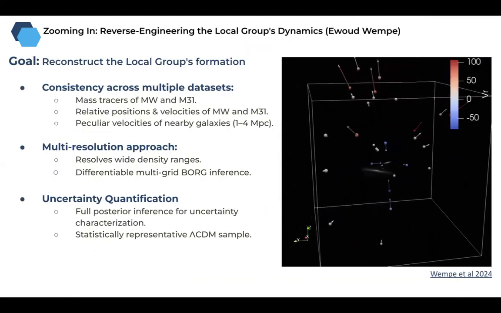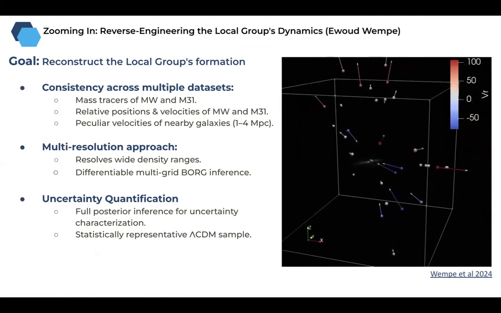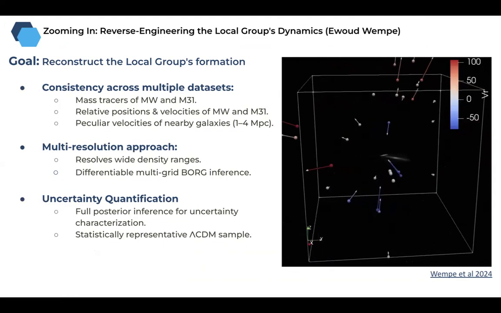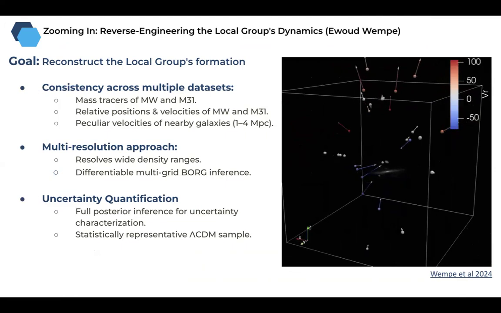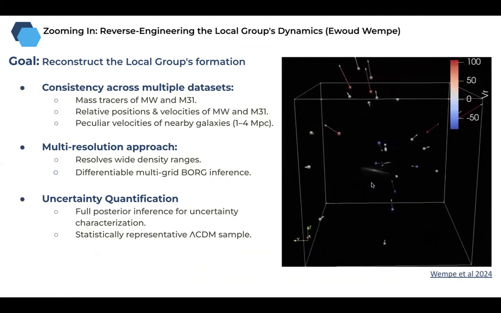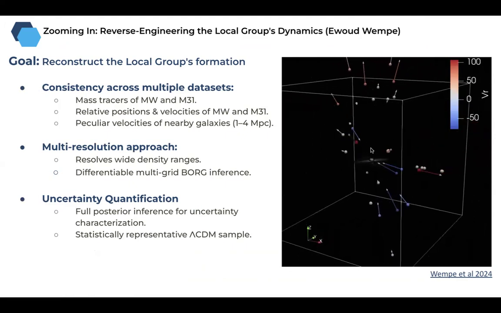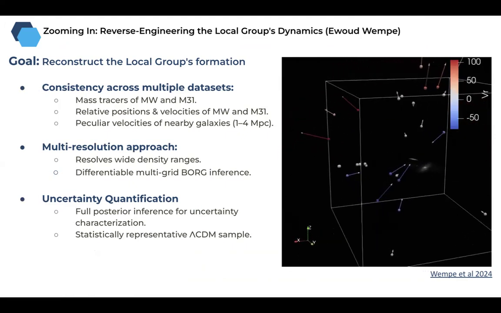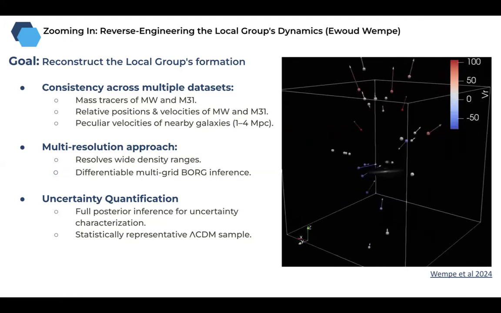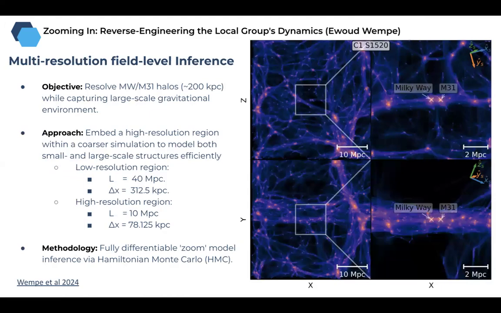So what Ewout did is he used data from mass tracers of the Milky Way and Andromeda. We have about 40 galaxies and their velocities around us, and the data set is illustrated here. We can use this kind of data to do a field level inference, focusing directly on the Local Group analysis with a zoom-in technique.